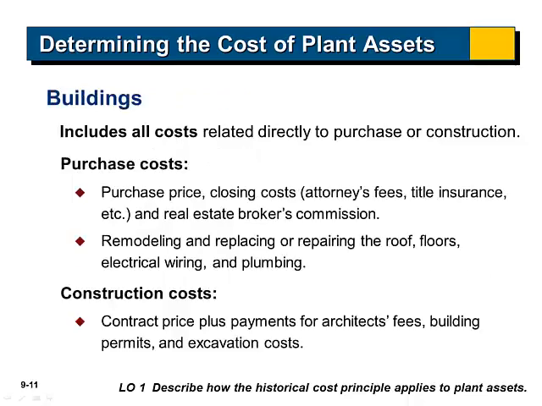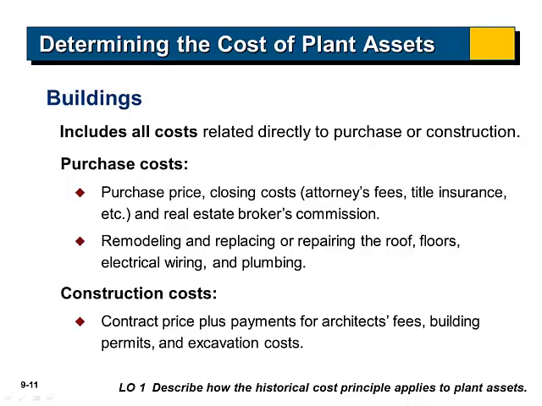Okay, so we've talked about land, we've talked about land improvements. Let's talk about buildings, another type of plant asset. The cost of buildings would include all costs related directly to purchasing the building or constructing the building. So if you're purchasing the building from somebody else, these costs would include the purchase price, any closing costs like attorney fees, title insurance, and real estate broker commissions. It would also include remodeling and replacing or repairing roofs, floors, wirings, and plumbings.